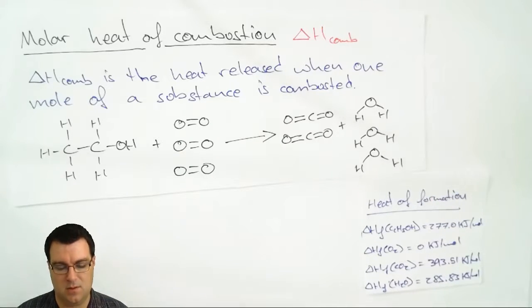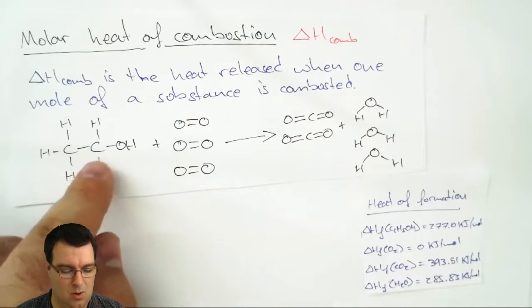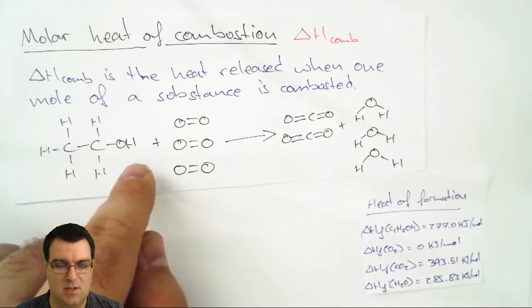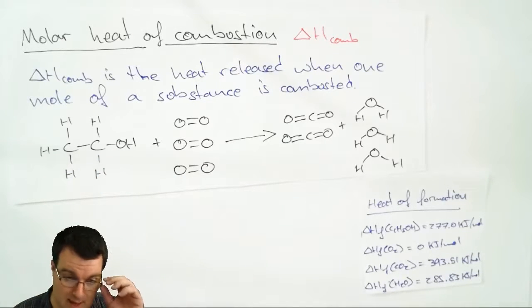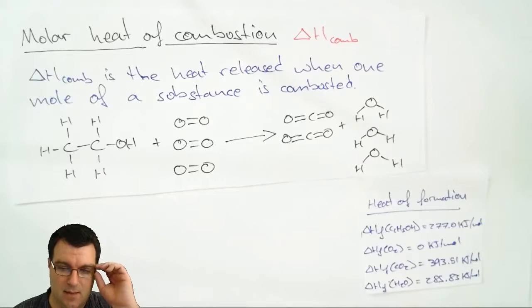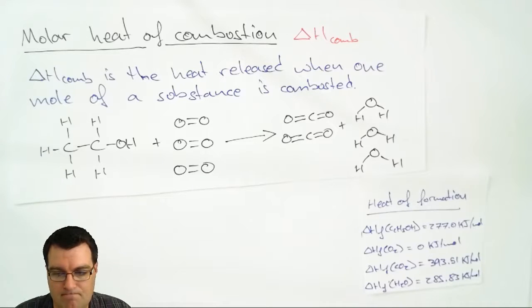Specifically, ethanol has a heat of formation for the bonds within that molecule to actually form. So the carbon-hydrogen bonds, the carbon-carbon bond in the middle here, the carbon-oxygen bond, and the oxygen-hydrogen bond to form from the elements, just the pure elements reacting together, requires 277 kilojoules per mole of ethanol.